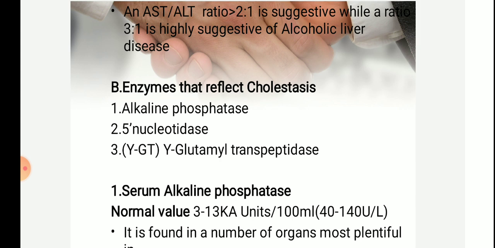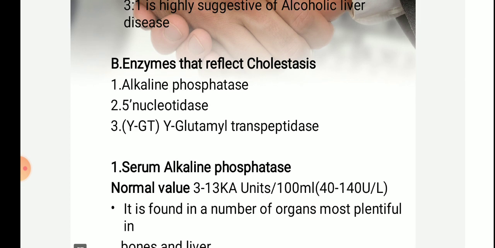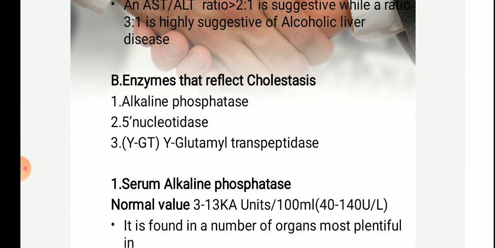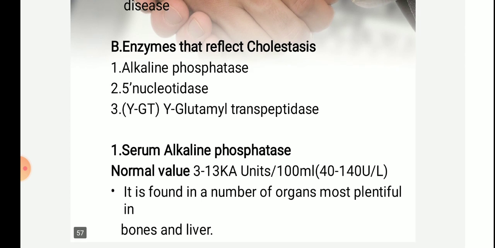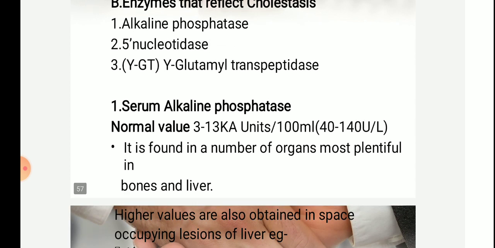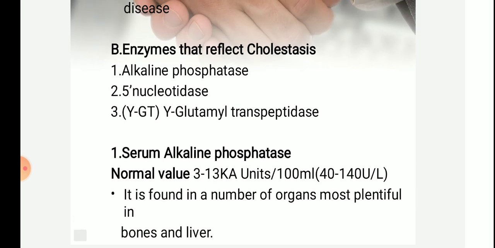Serum alkaline phosphatase is one of the commonly done tests by physicians in assessment of liver function. The normal value is 3 to 13 KA units per 100 ml. It is found in a number of organs, most plentiful in bones and liver. In any disease of the liver and bones, alkaline phosphatase levels are increased.